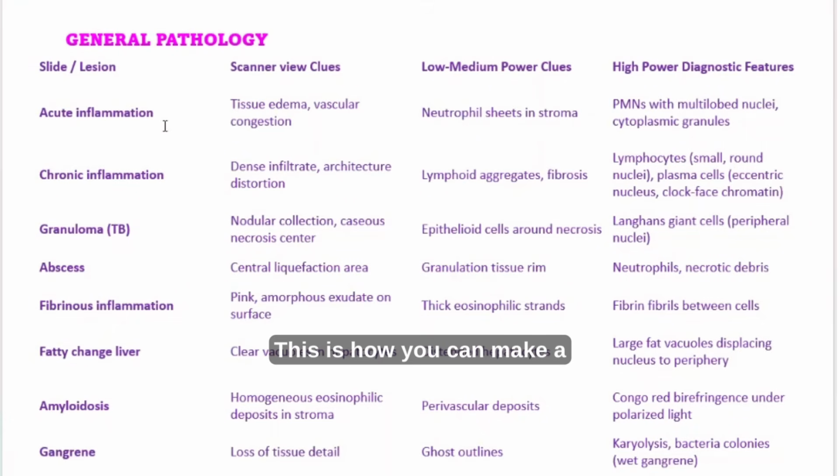This is how you can make a list of lesions for a slide, and what you will see in scanner view, in low to medium power view and high power view for the diagnosis.